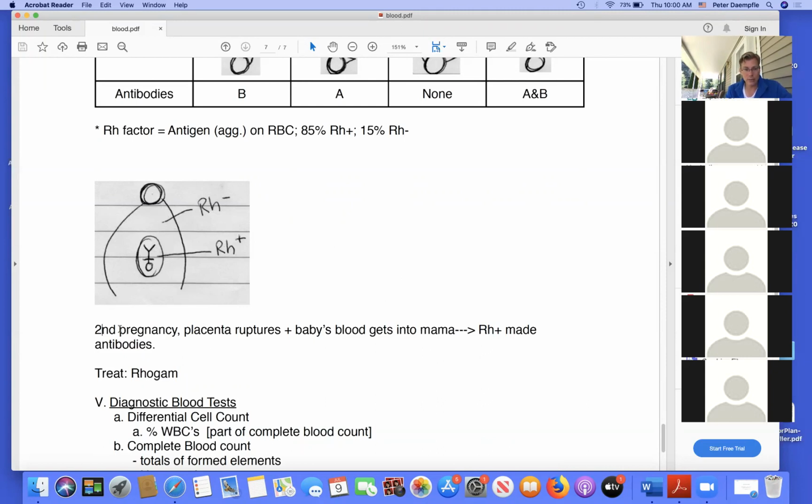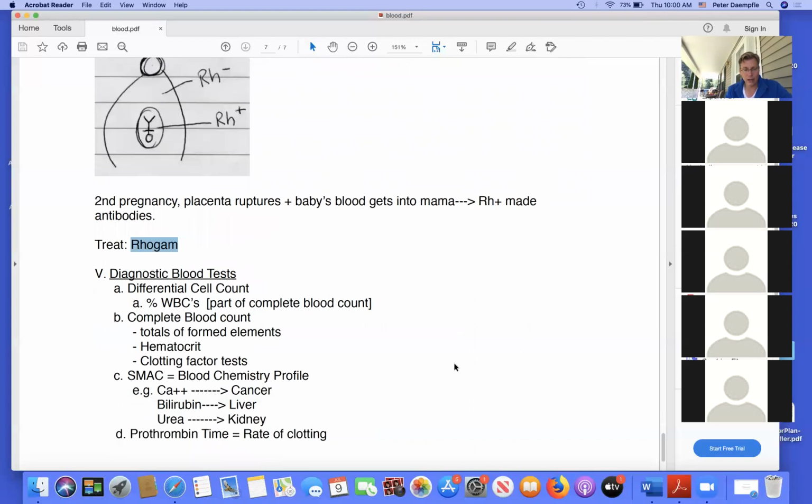So during the second pregnancy, the Rh antibodies can attack and destroy the babe. All right, that's important. And so they treat you with RhoGAM shots in order to remove the Rh positive antibodies. And I actually looked up the biochemistry of it.